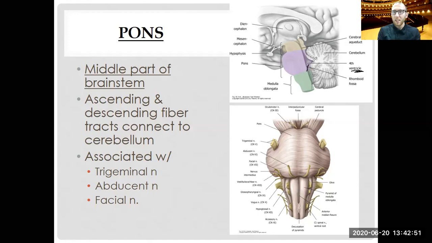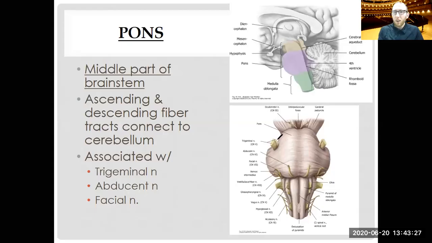So right in here, this triangular space, that's the fourth ventricle. There's a few others we'll hit up, but I just want you to start to think, okay, there's some actual structures that you can touch, and then there's also some spaces which are the ventricles.